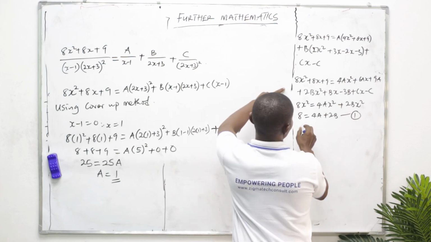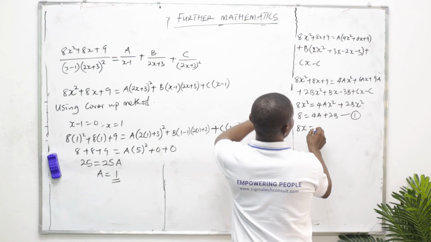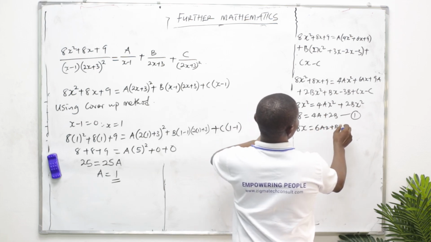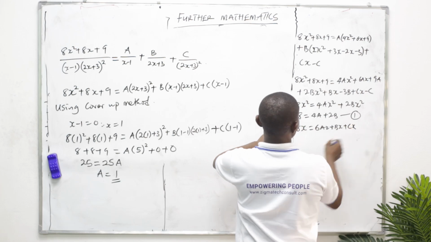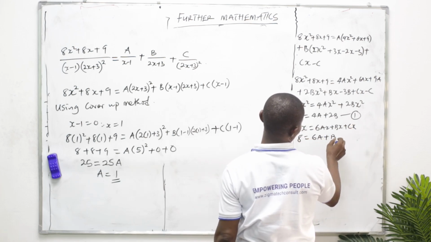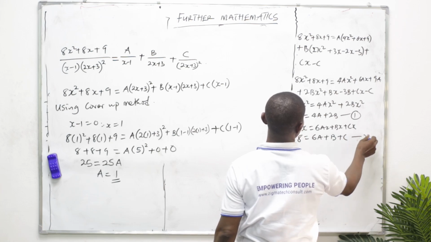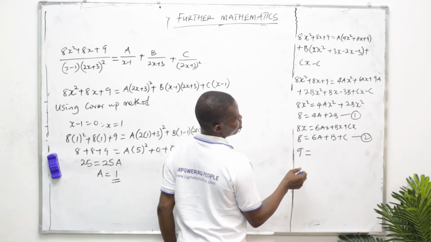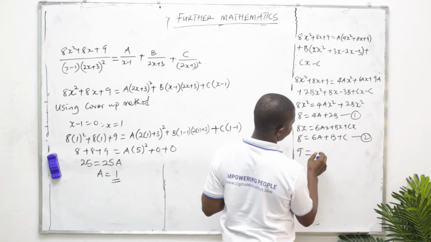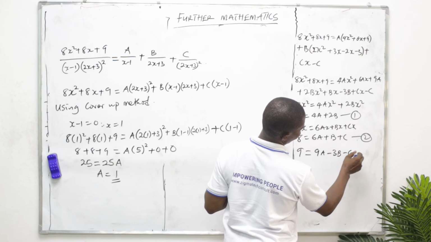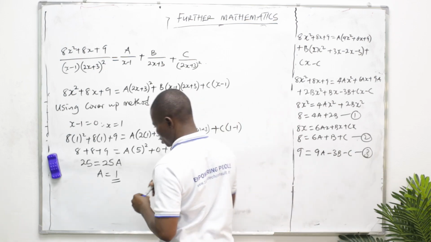Also, 8s equals 6as plus bs plus cs. 8 equals 6a plus b plus c, equation 2. Finally, 9 equals the constant 9a minus 3b minus c, equation 3.